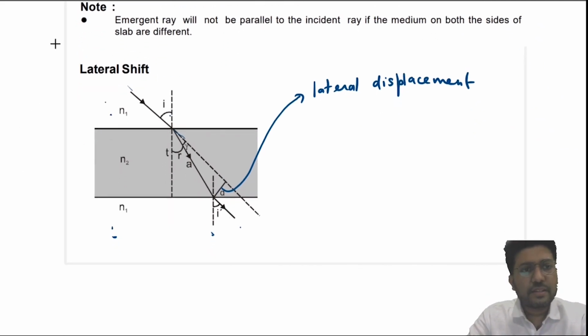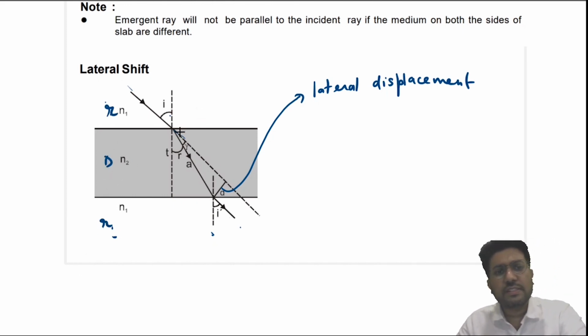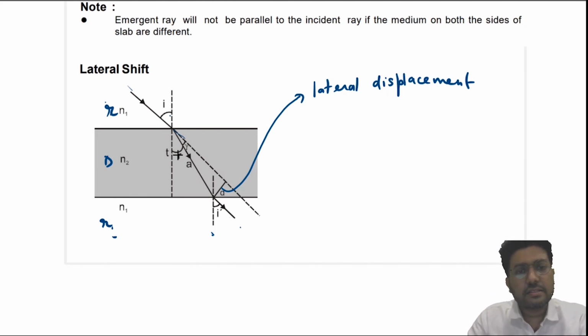Let us see. Suppose this is a rarer medium, this is a denser medium, and again this is a rarer medium. In that case, this is I, this is R. Similarly here, these two lines are parallel and this is the transversal. So if this is R, this is also R, and this will be I. Why?